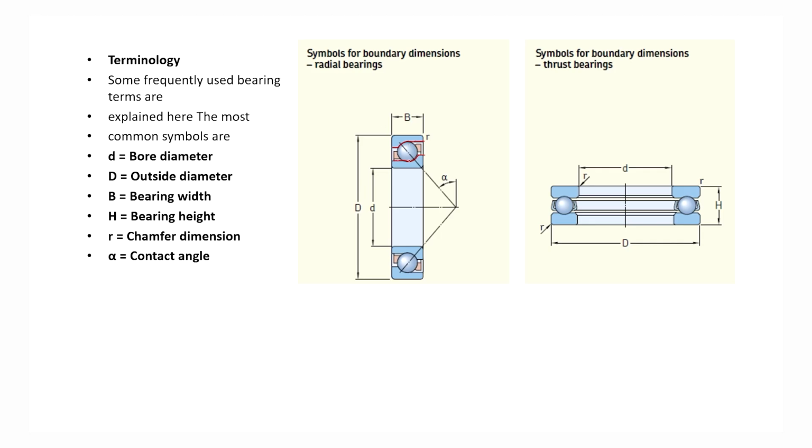It can support a load in this way, and so it will have a component in the radial direction and in the axial direction. So, it can support both types of load.